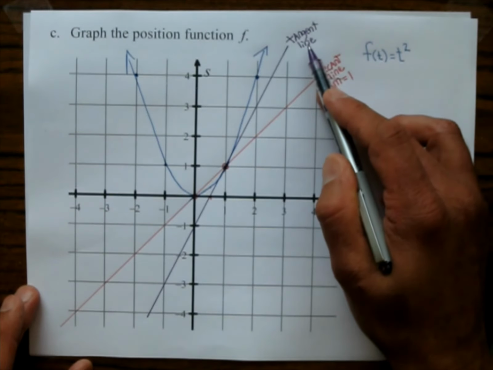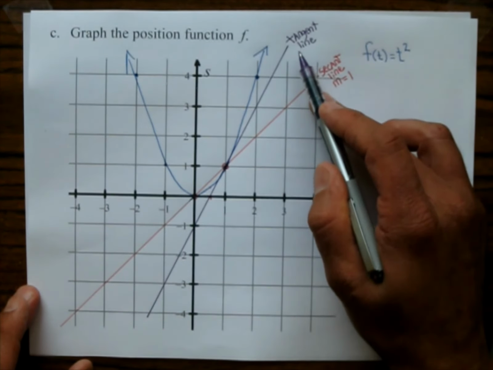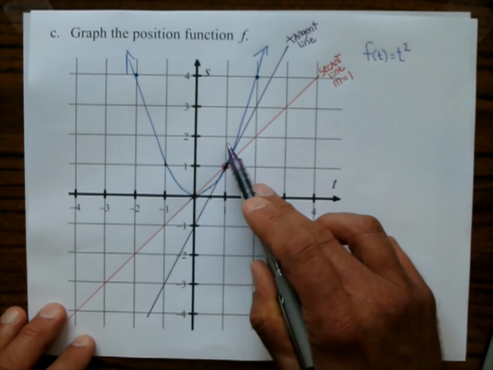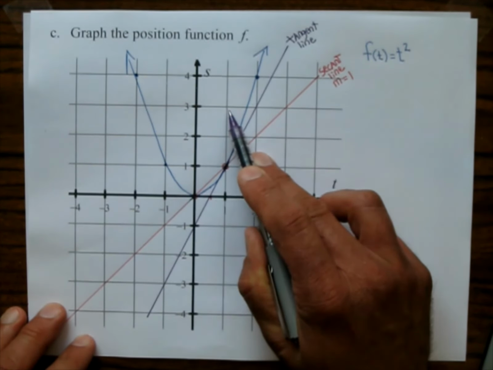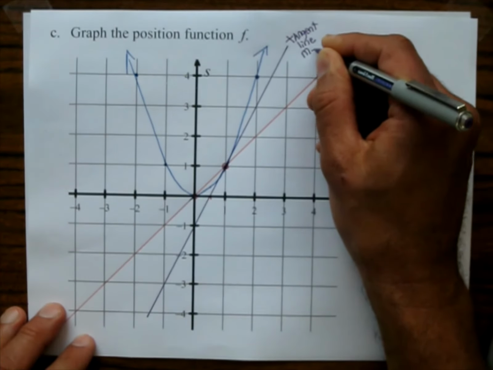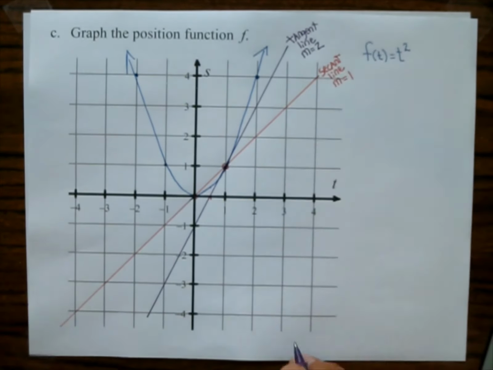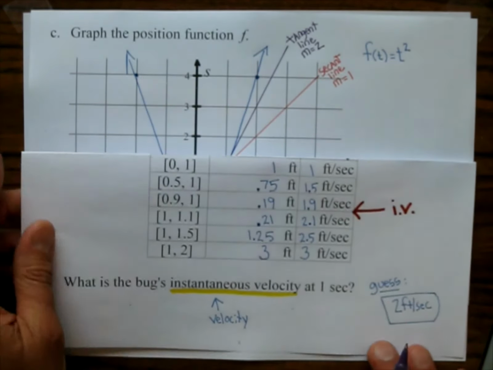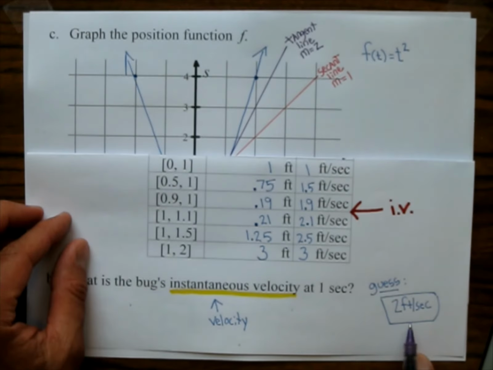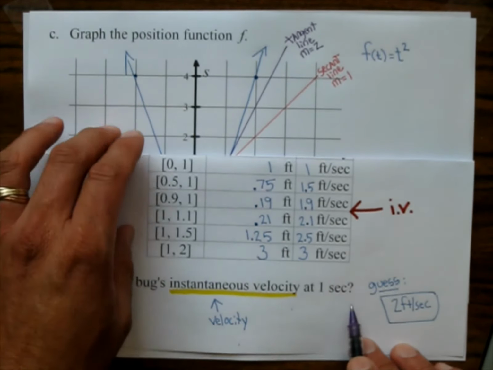Now notice something. What is the slope of that tangent line? Well, if you start off at this point, you climb up 1, 2, and run over 1. That has slope of 2. Now, do you remember something about 2? 2 was our guess of the instantaneous velocity at 1 second.